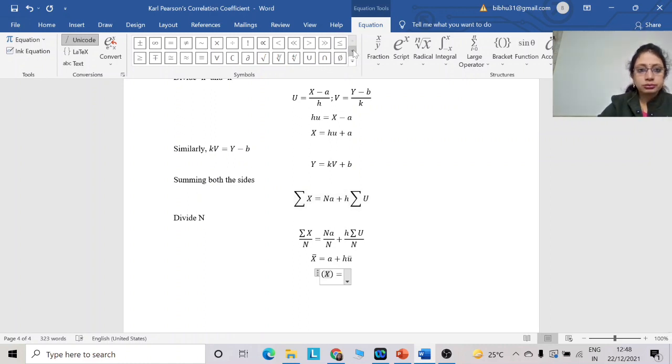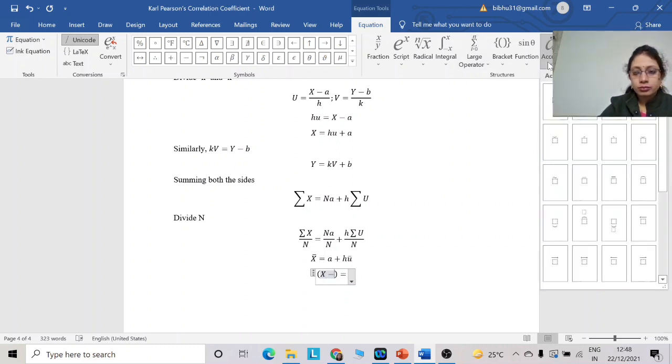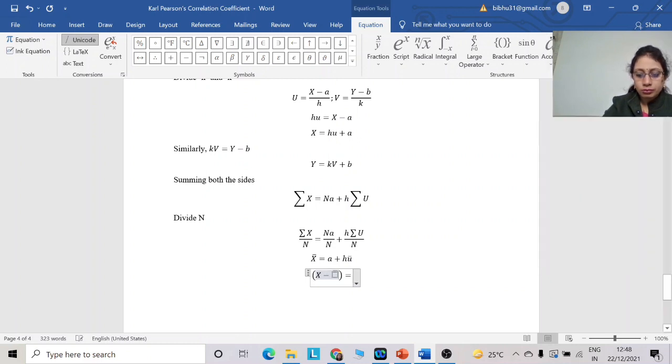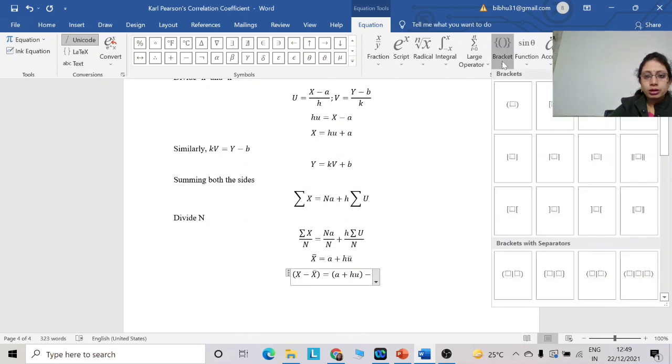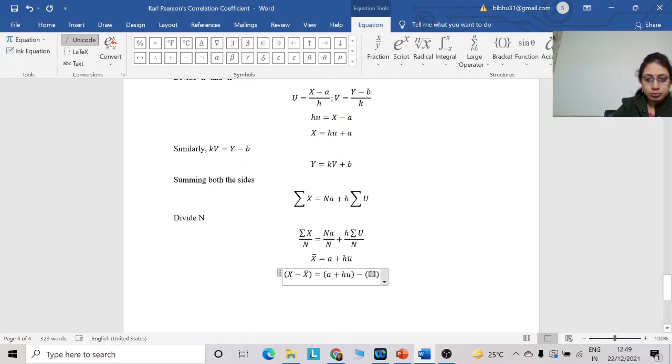x minus x bar is equal to A plus hu minus A plus hu bar.